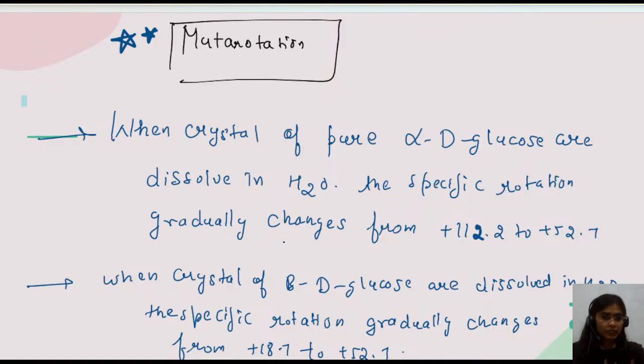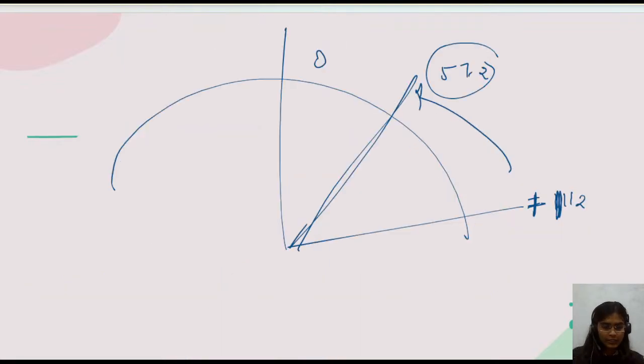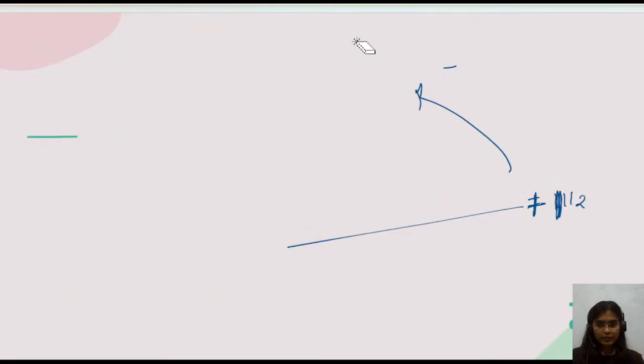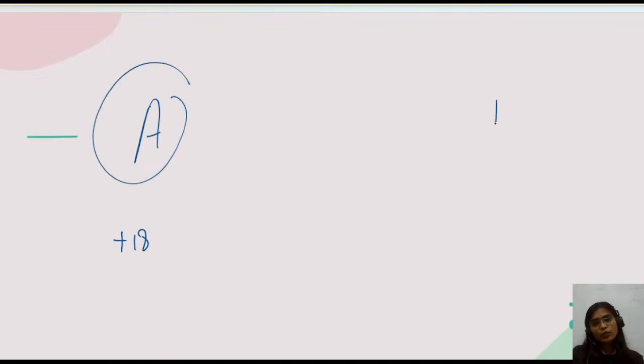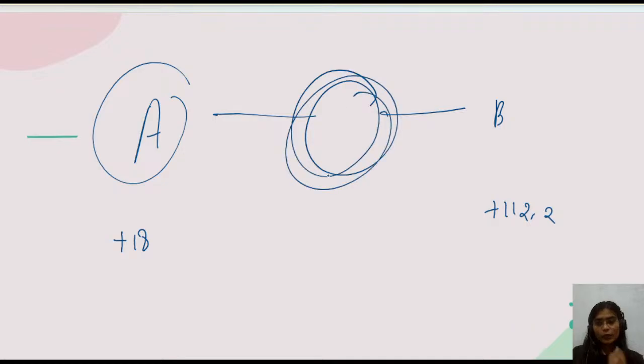Let me give you a quick brief of what is happening. There's some point A, you are starting with plus 112.2. There's some point B, you are starting with plus 18.7. After some time, they end up at a center, and that center is 52.7.